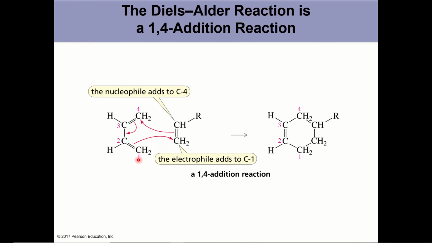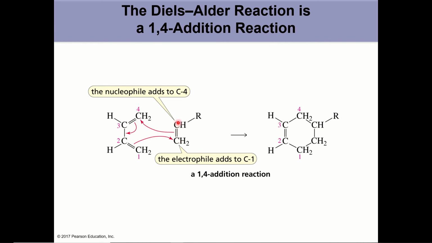We have numbered our diene 1 through 4. Carbon 1, the pi electrons between carbon 1 and 2 bond to the electrophile of the dienophile.